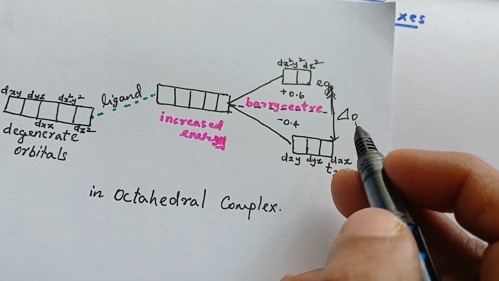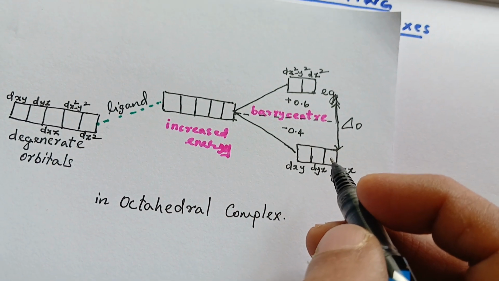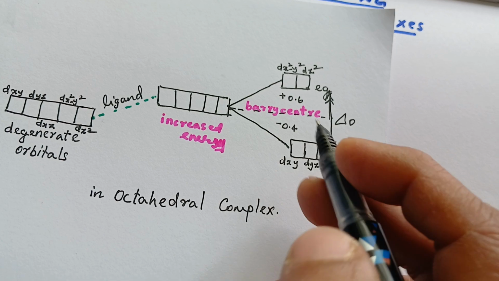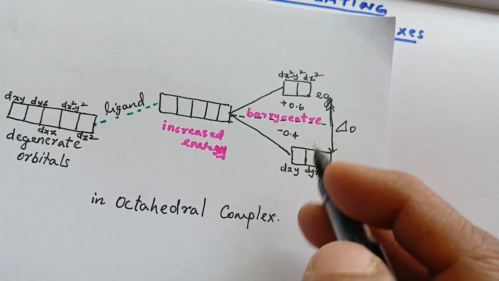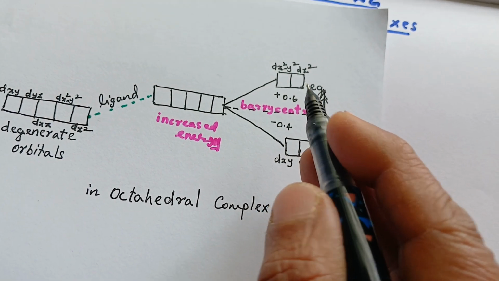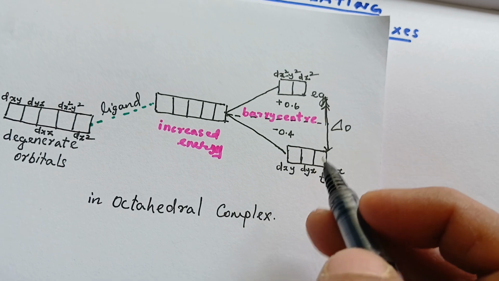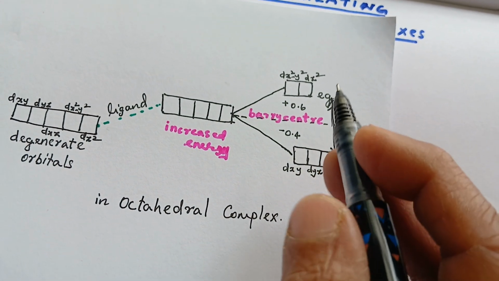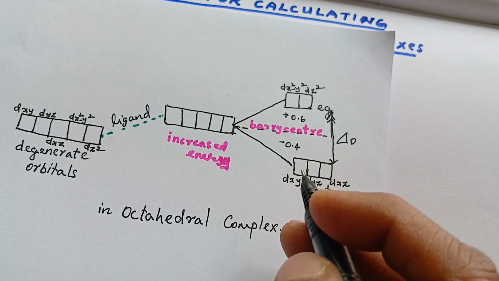If an electron has to go from this orbital to a higher orbital, it has to make a big jump from here to there. So if this separation energy is large, that electron will not be able to go there. It will remain here only.